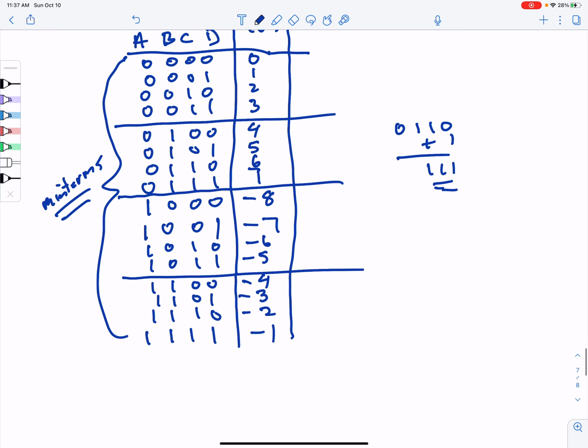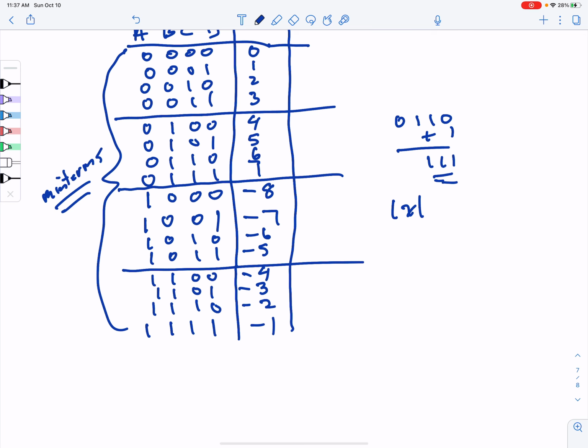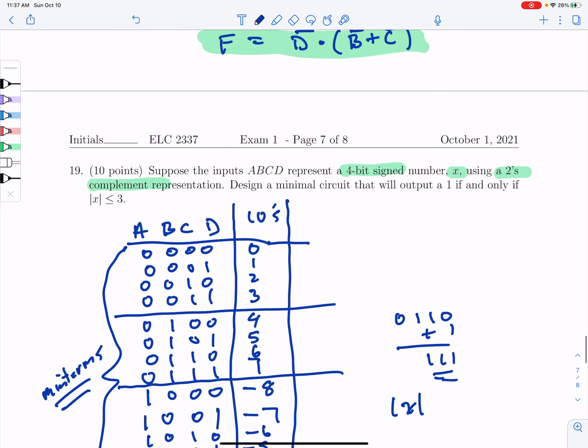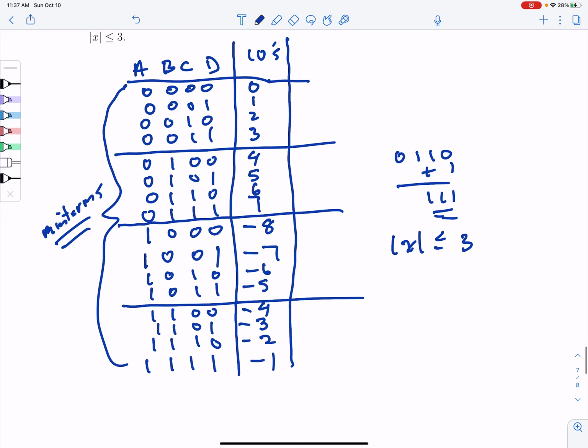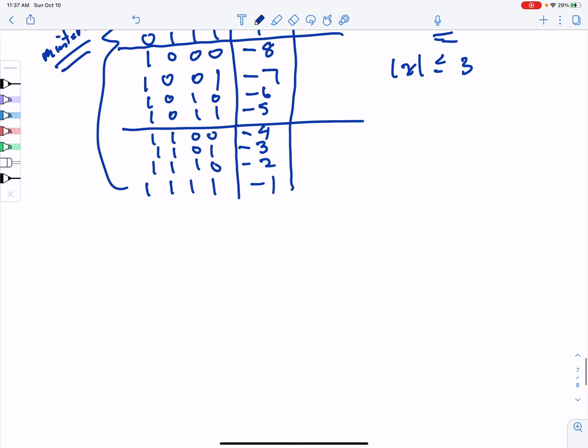We need to know when the magnitude of x is less than or equal to 3, which puts the 1s for our Boolean function. So 0 is less than or equal to 3, so we get a 1 there, a 1 here, a 1 here, and a 1 here. Down here it would be 1, 1, 1, and the rest of these are zeros.